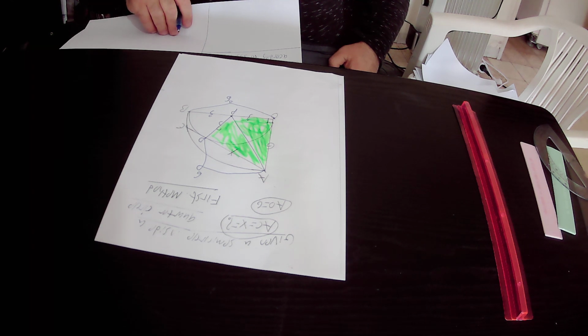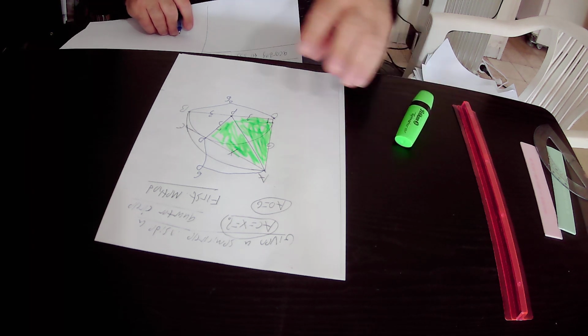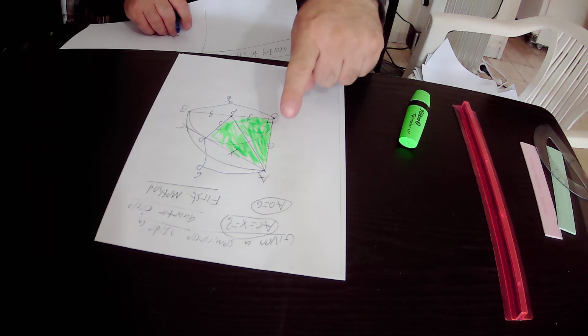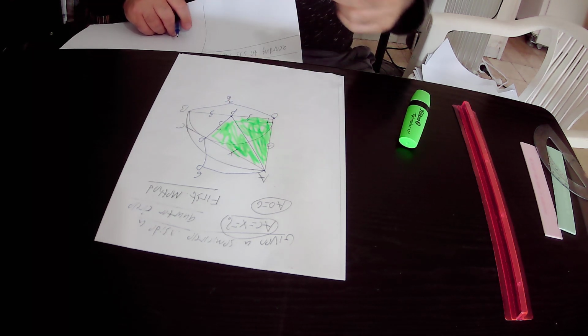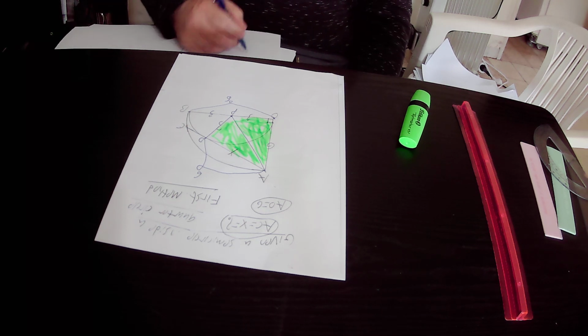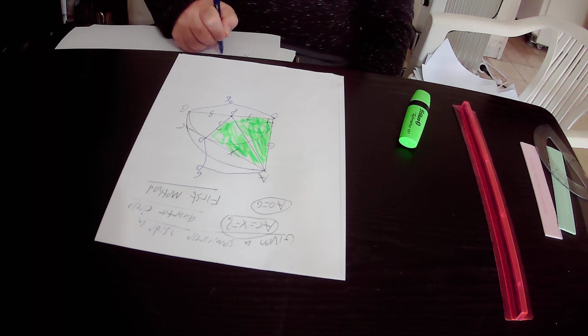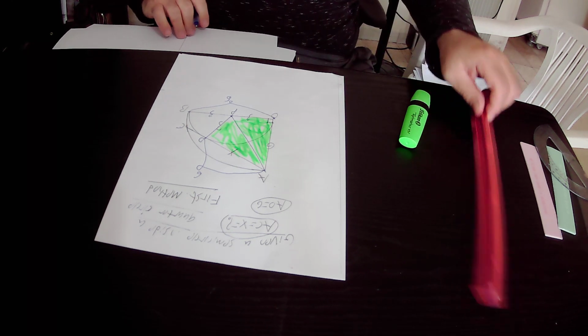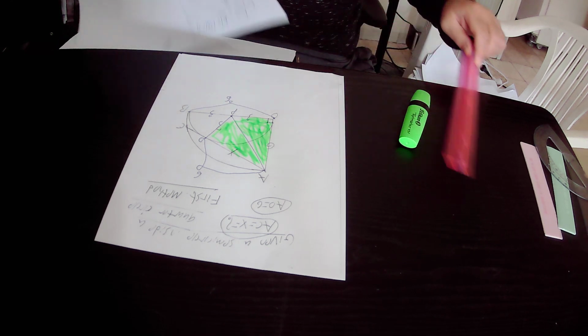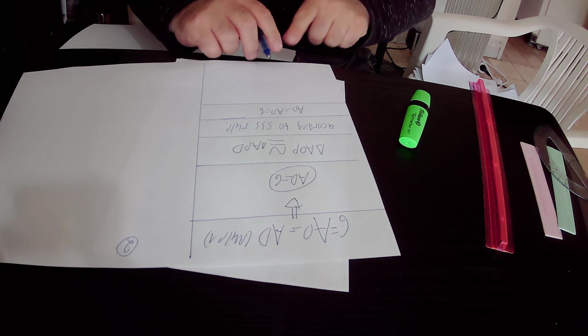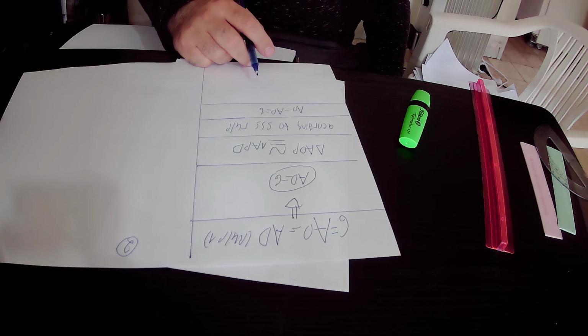Okay, so why can those two triangles go into each other? First of all, side AO equals side AD equals 6 units according to rule number 1.